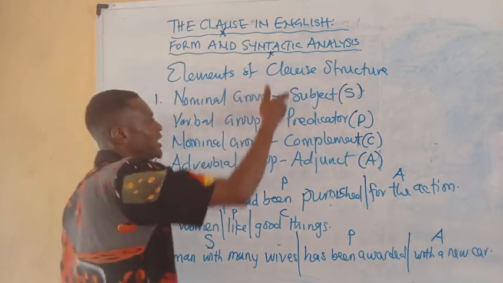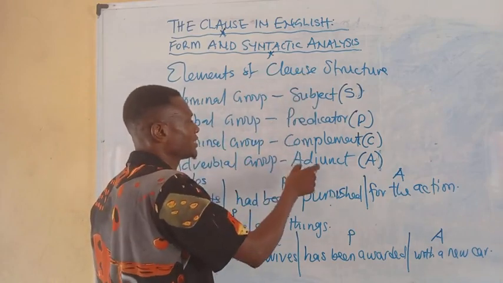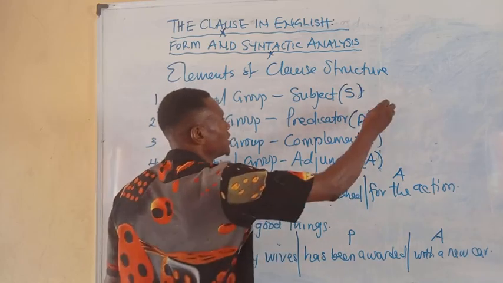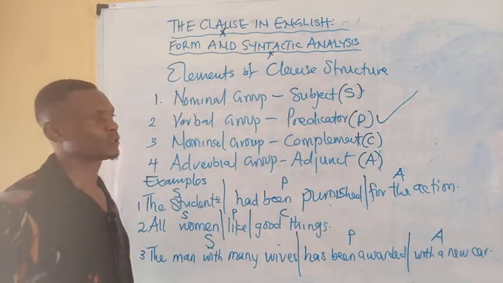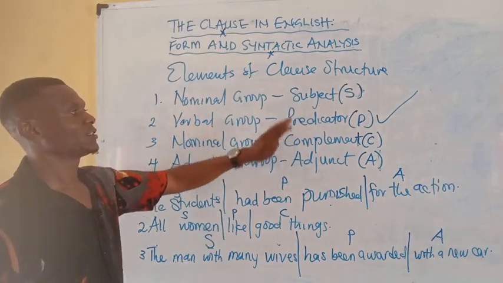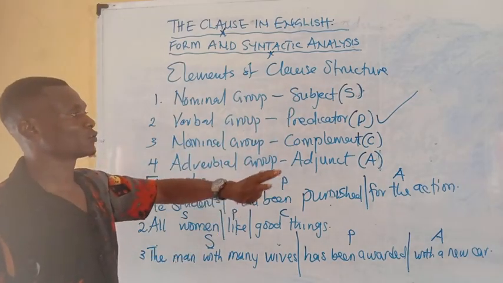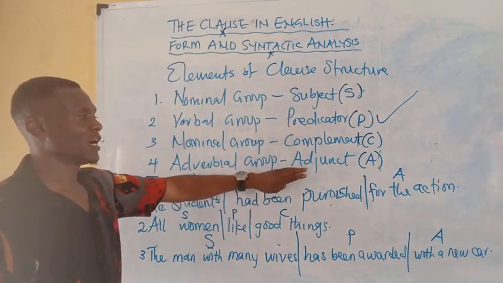Now, out of these elements, the subject, predicator, complement, and adjunct, only the predicator is obligatory, while the others are optional. Sometimes the subject is optional, the complement is optional, the adjunct is optional.